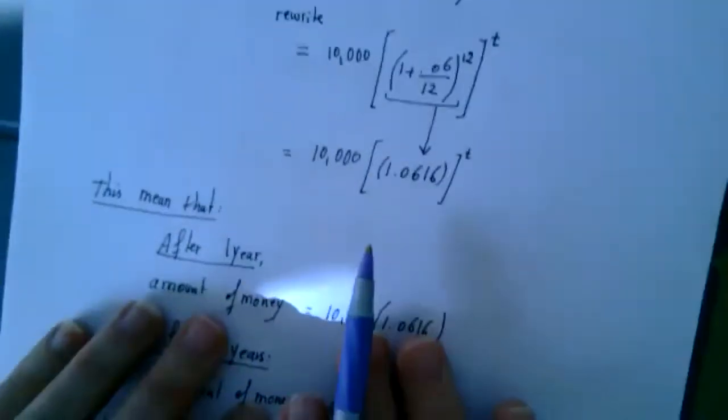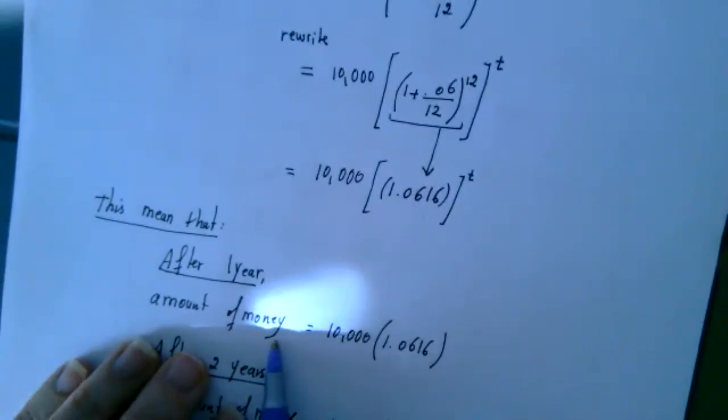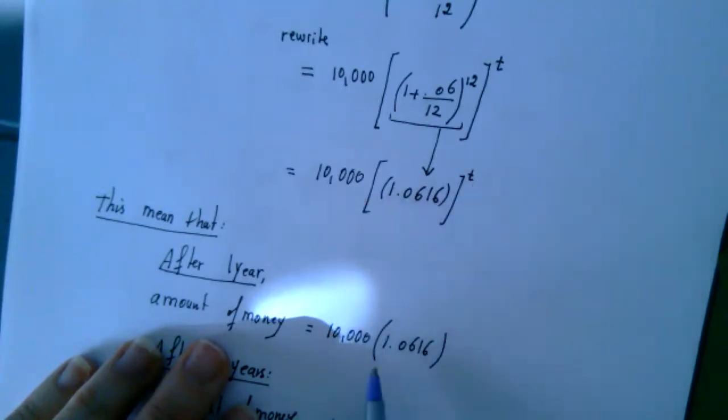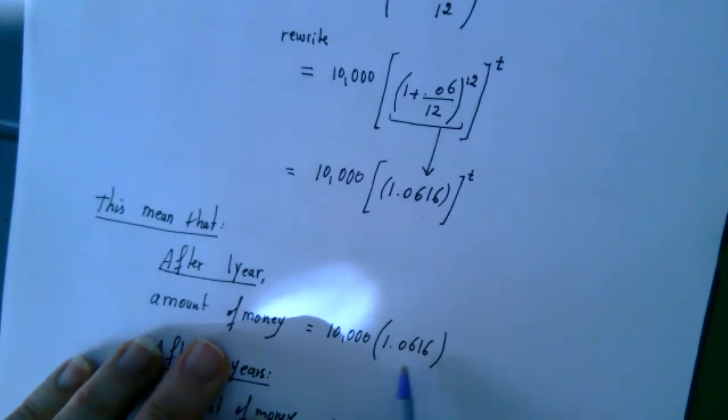After 1 year, how much money are we going to have? We're going to have 10,000 times 1.0616 when t is 1. So by how much did the money grow? What's the growth factor in 1 year? The growth factor is 1.0616.